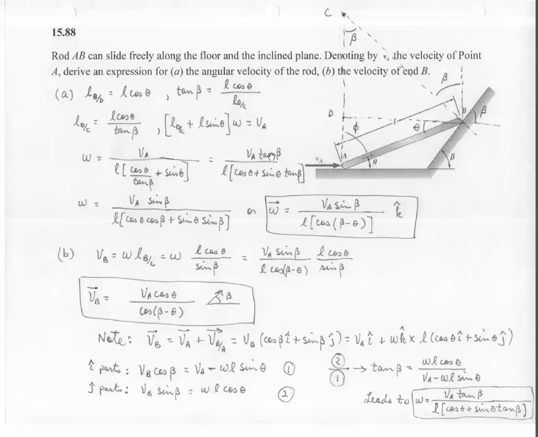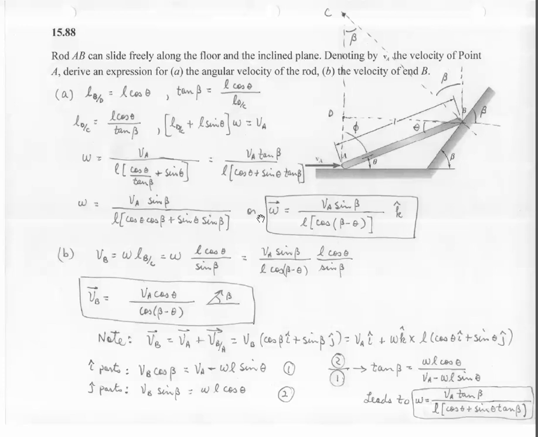Then if we reduce the tangent beta to sine beta over cosine beta, I can multiply the cosine beta through here and end up with this expression, which is the cosine of beta minus theta, or it could be cosine of theta minus beta. It doesn't make any difference. This is a positive number one way or the other, as long as theta and beta are less than 90 degrees. So this right here is the answer for omega, and it's in the positive k direction.